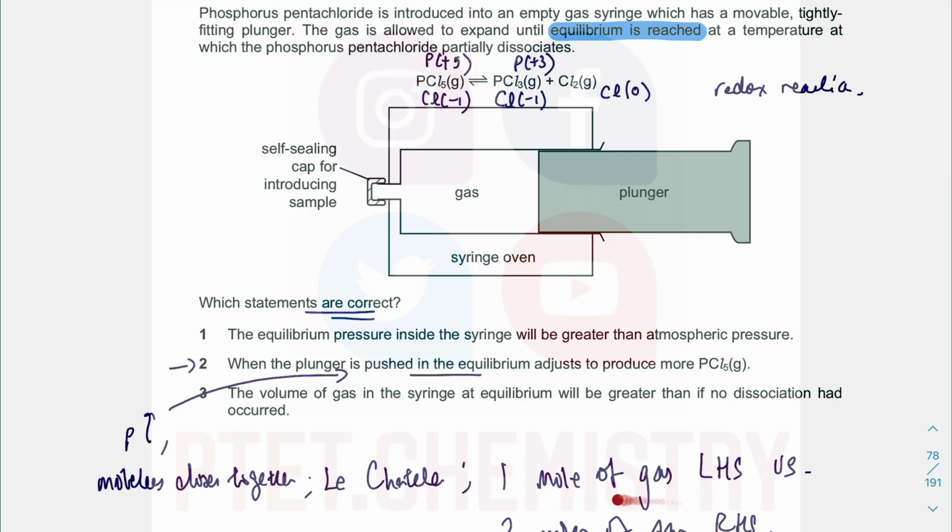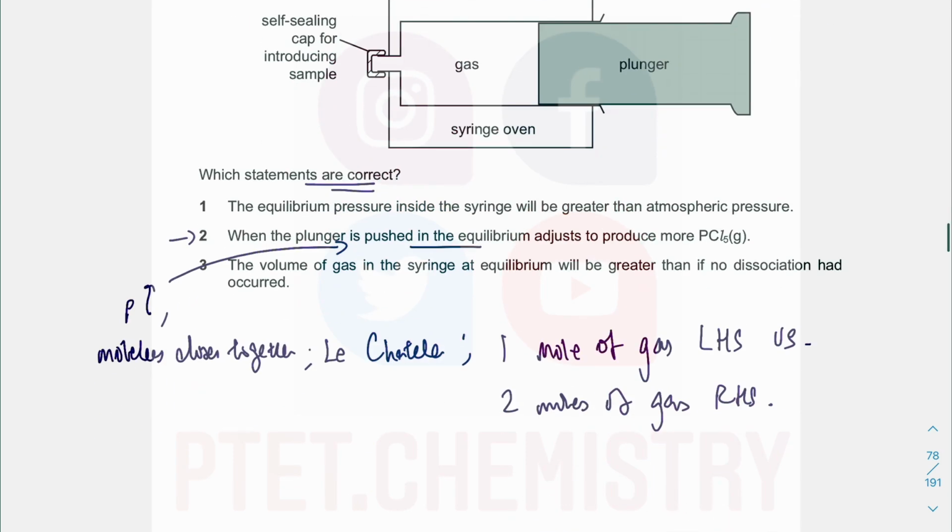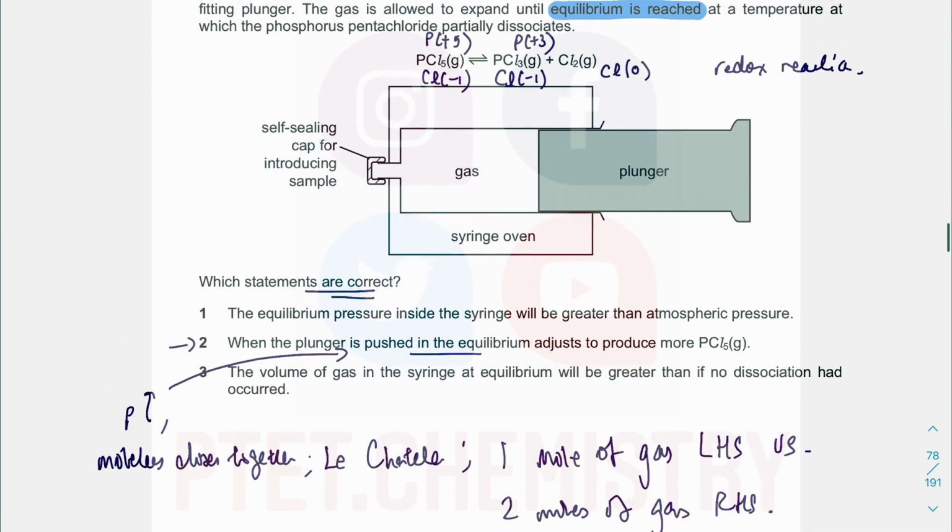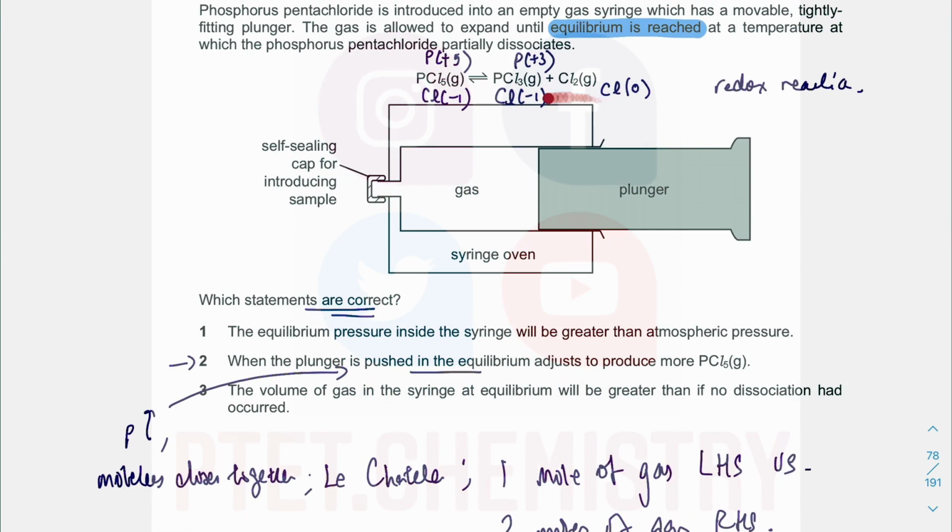That is your 1 mole of gas on the left. So your equilibrium will favor the backward reaction. It will shift to the left. When it shifts backward, you will have more PCl5. So that is correct.